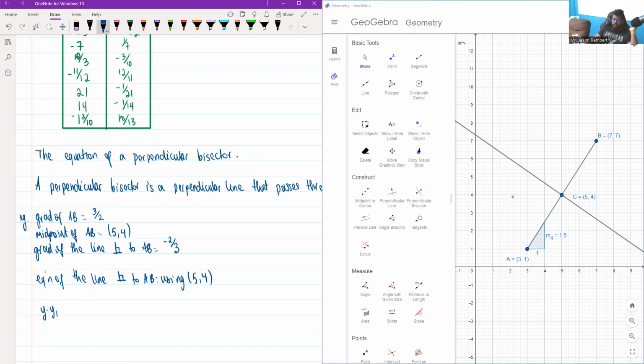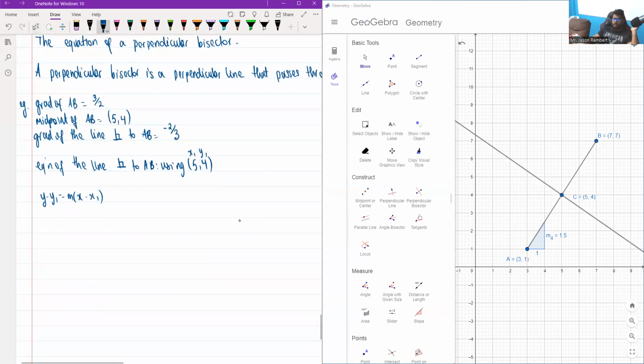y minus y1 is m into x minus x1. This is my x1, this is my y1. y minus y1 is equal to m, minus 2/3, into x minus 5. y is equal to minus 2/3 x, minus 2/3 by minus 5 is plus 10/3. Minus 4 goes across to become plus 4.